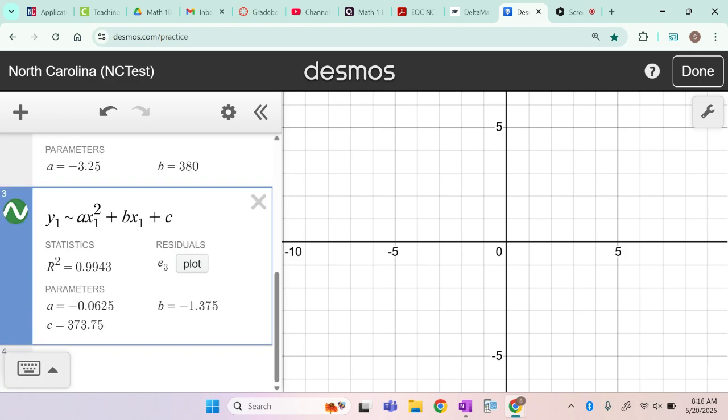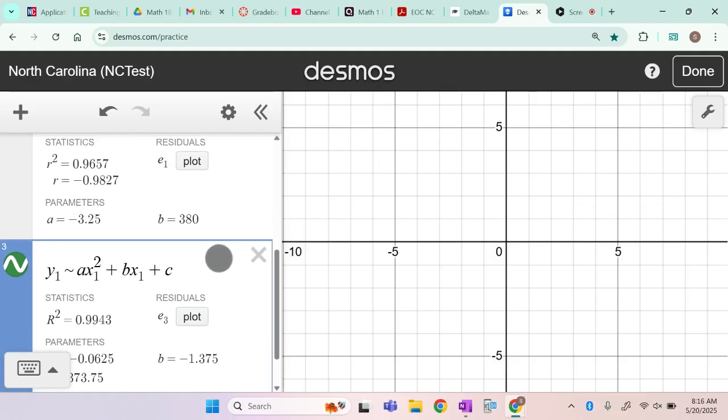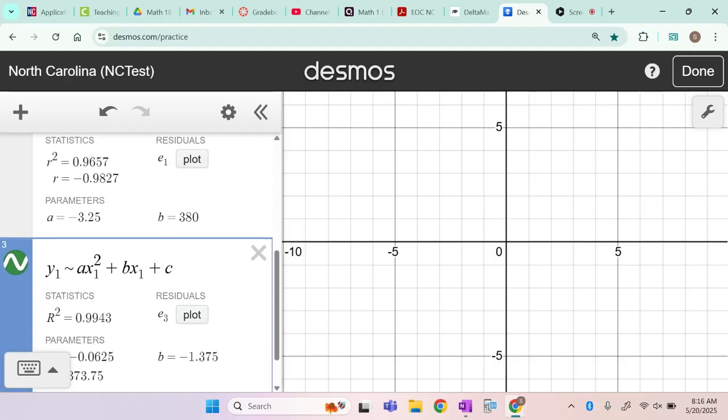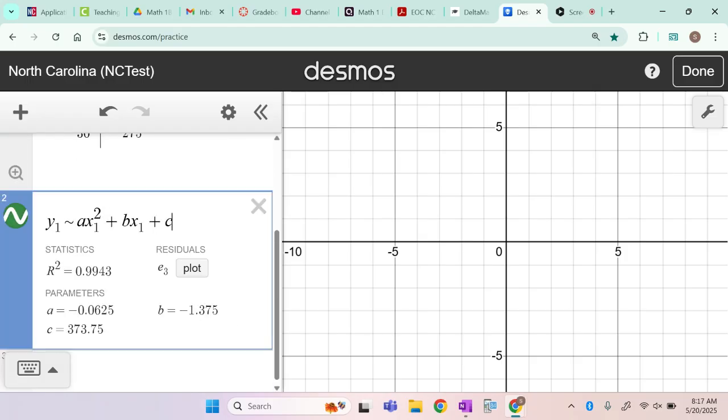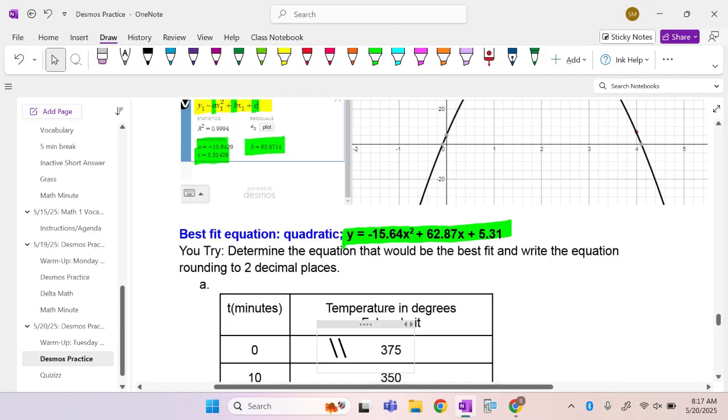All right. Now, quadratic is 0.99143. Is that a better fit than linear? Yes. So we can throw linear out. So quadratic is the best fit. So if we round to 2 decimal places for all of our parameters, so A, B, and C, what would be my new answer for this?